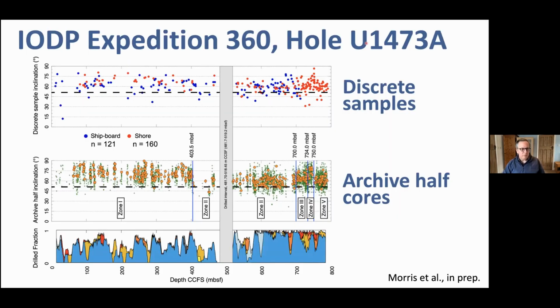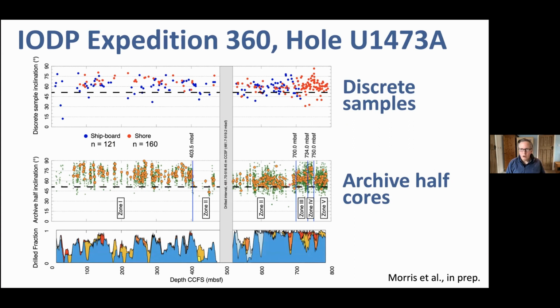So here again is a record of inclination against depth through these holes. And what you can see on this diagram is that the dashed line represents the expected inclination at this site, and all of the data from these gabbros have inclinations which are steeper than that, and therefore they've been tectonically rotated away from the expected direction.